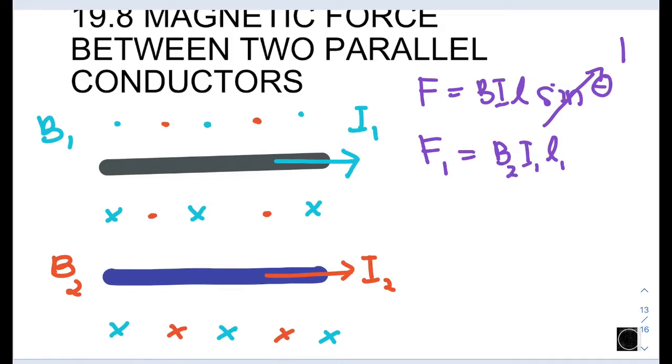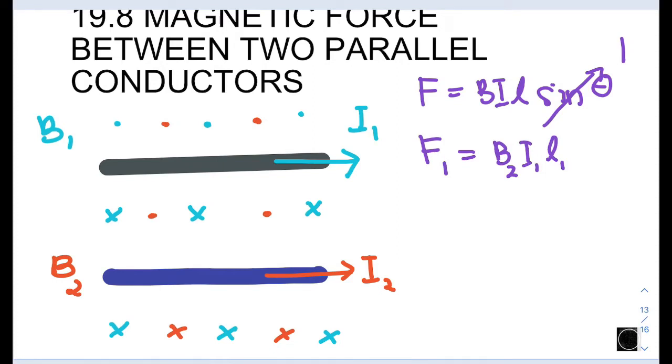Because B2 is the one that causes the force experienced by wire 1 here. The B1 produced by wire 1 by itself does not affect wire 1 itself. The one that causes the force experienced by wire 1 is B2.